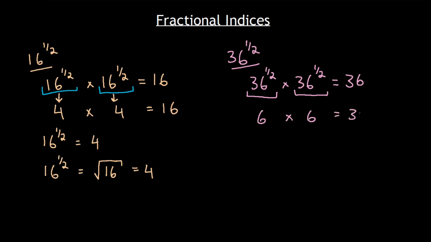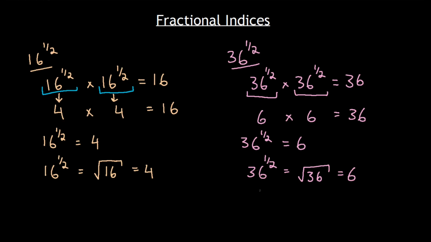So in other words, 36 to the power of a half is the same thing as saying 6. Again, the only way of going from 36 to 6 is by square rooting. I've just realized I've been saying 6 so many times already, so I think it's a bad example to use here. So 36 to the power of a half is the same thing as the square root of 36 again.